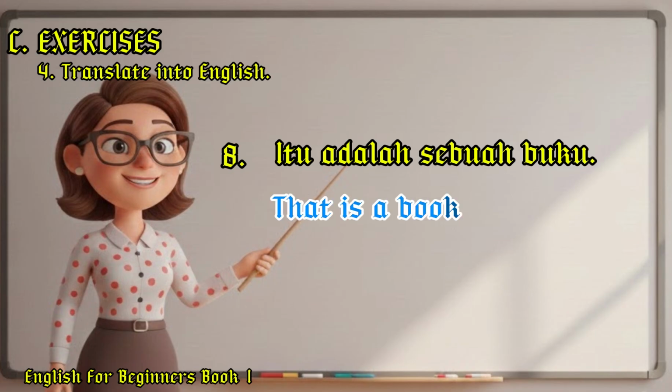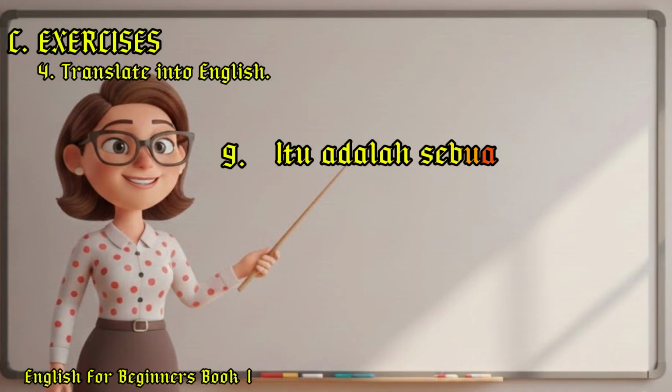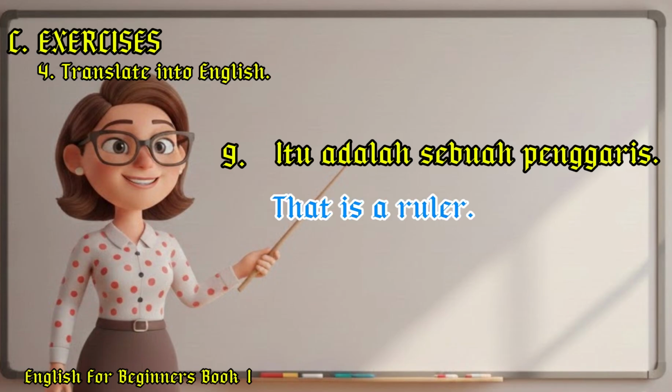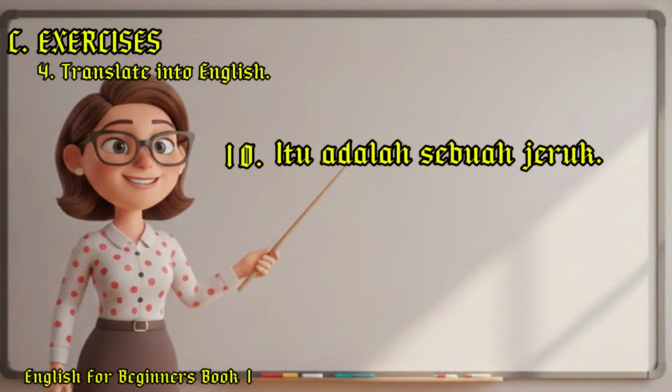That is a book. 9. Itu adalah sebuah penggaris. That is a ruler. 10. Itu adalah sebuah jeruk. That is an orange.